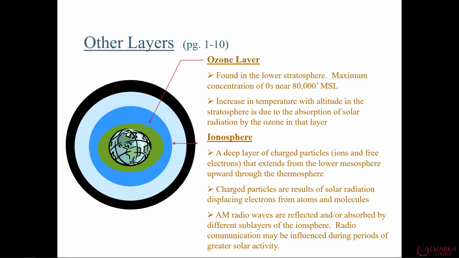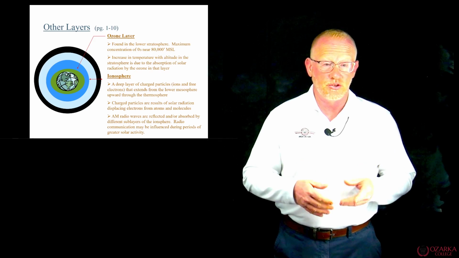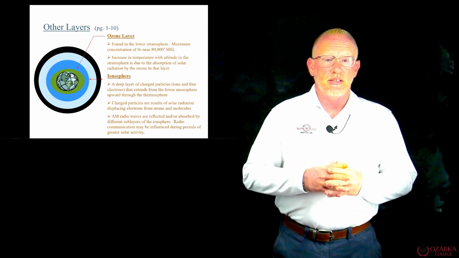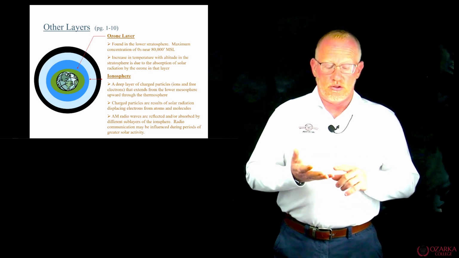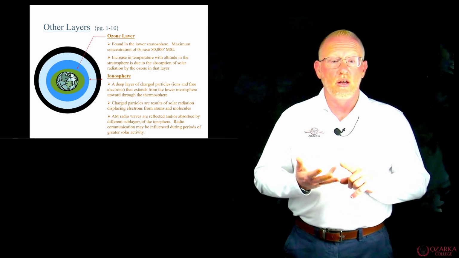AM radio waves are reflected and/or absorbed by different sublayers in the ionosphere. Radio communication may be influenced during periods of greater solar activity. Okay, so whenever there is a solar eruption, a solar flare, that's how you know. That's when you notice cell phones will be interrupted or disturbed.